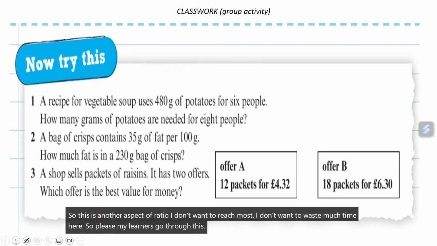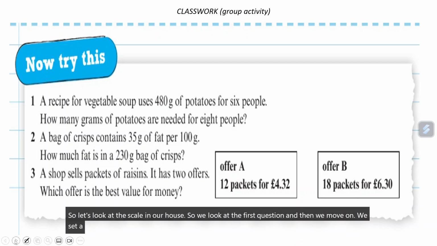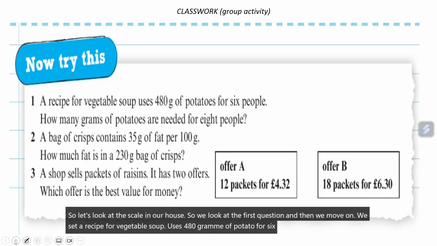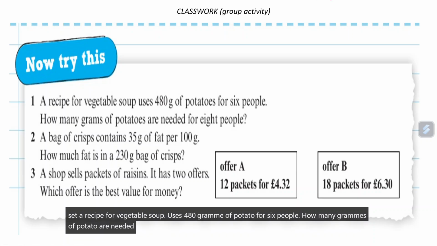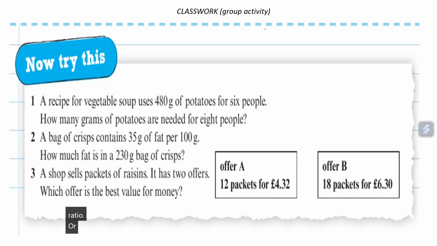So let's look at the first question, and then we'll move on. A recipe for vegetable soup uses 480 grams of potato for 6 people. How many grams of potato are needed for 8 people? So this is the subtopic of scaling with ratio.